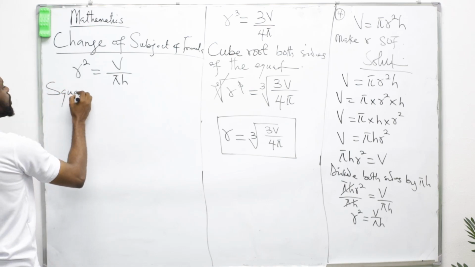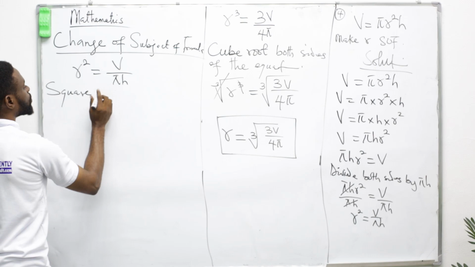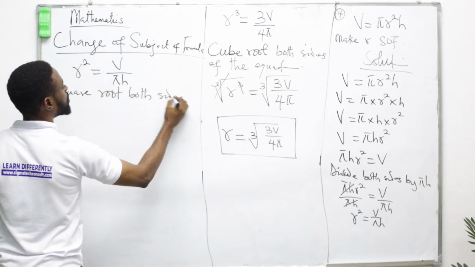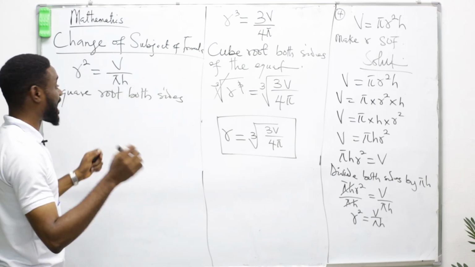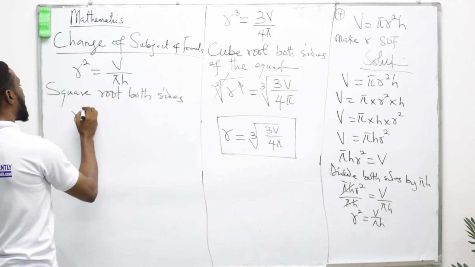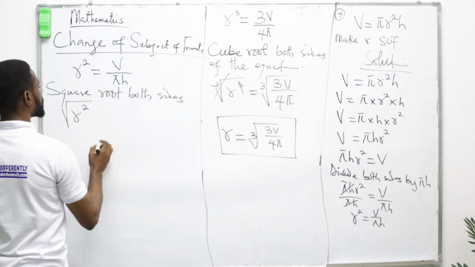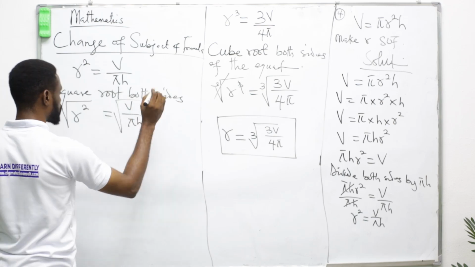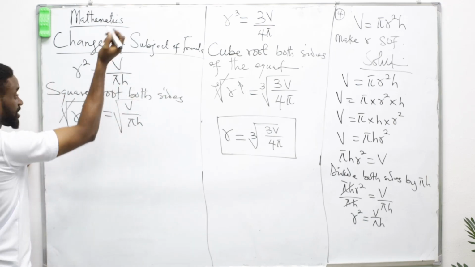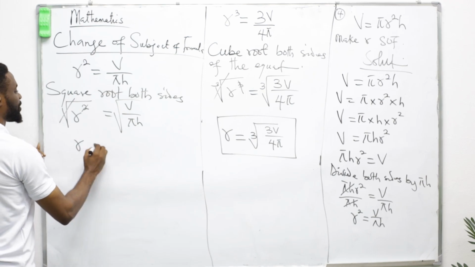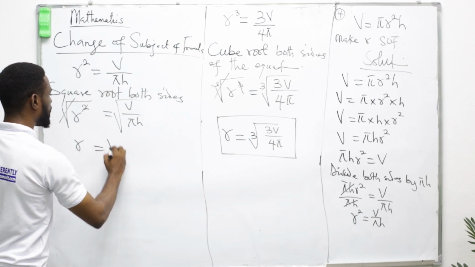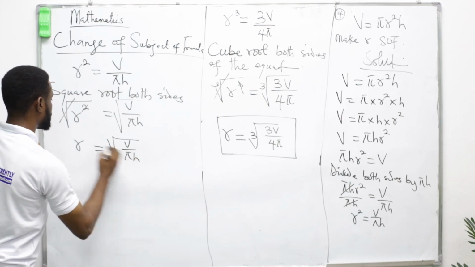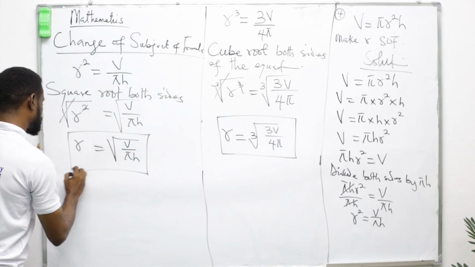Square root both sides. So when we square root both sides, that will mean the square root of r squared is equal to the square root of v all over pi h. Just like we did in cube root. So we have r is equal to the square root of v all over pi h. So this is our subject of the formula.